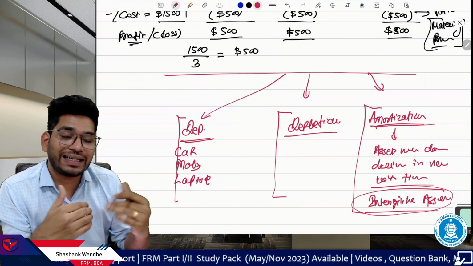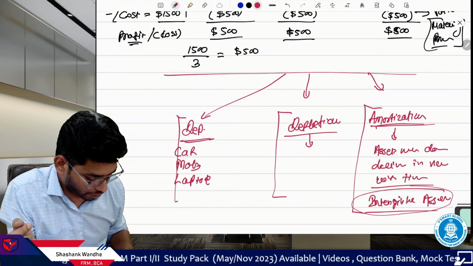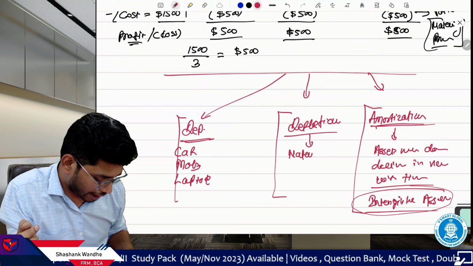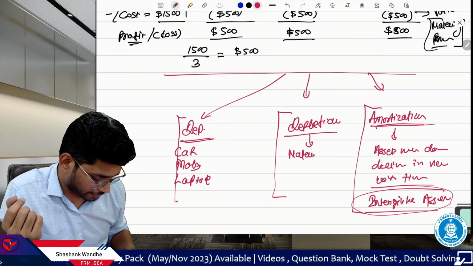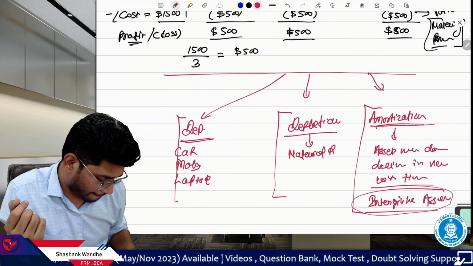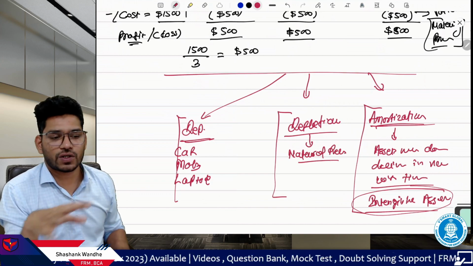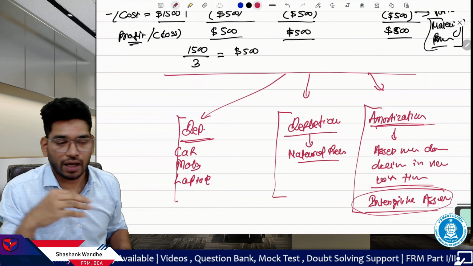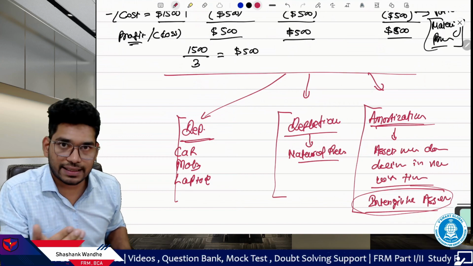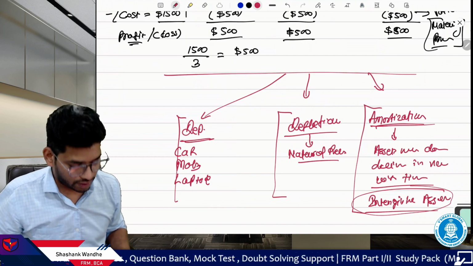So that's why the word depletion. Depletion will be used for assets related to natural resources. Okay, so simple, only the words are different. More or less the treatment in accounting is the same, so you will just change your words, that's it.